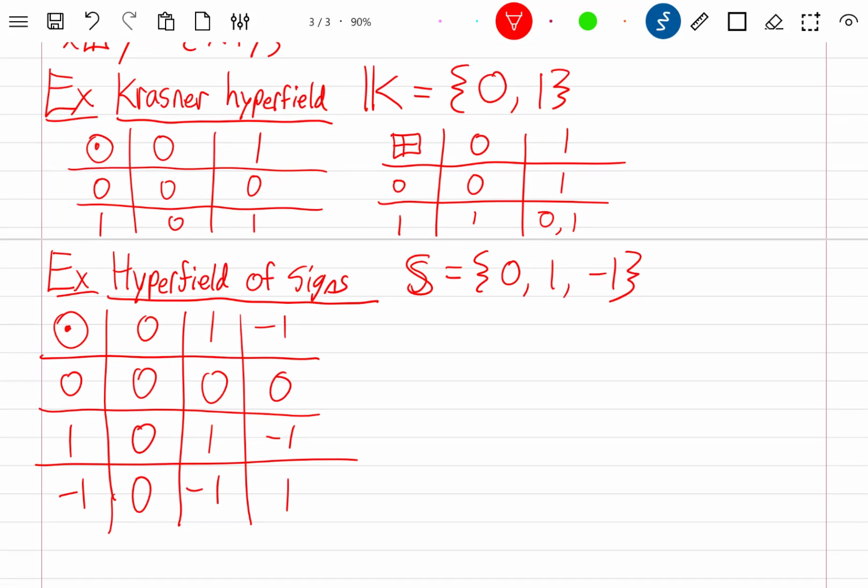Negative 1 has to have an inverse. So in some sense, this is the only multiplication table that can be allowed here, which hopefully is fine.